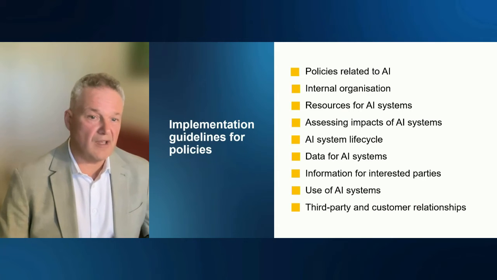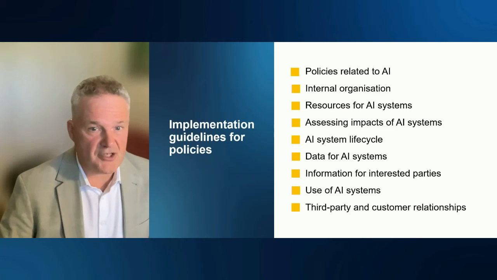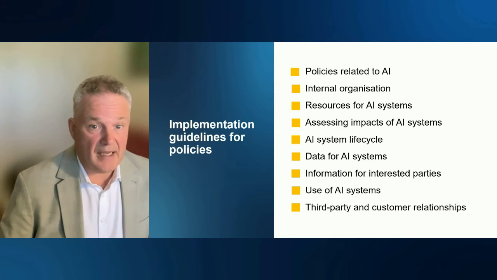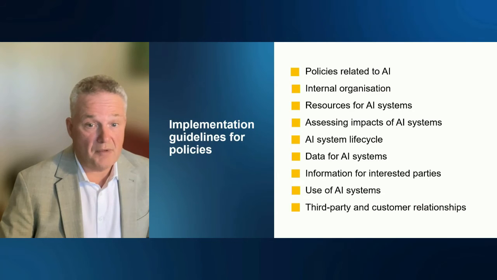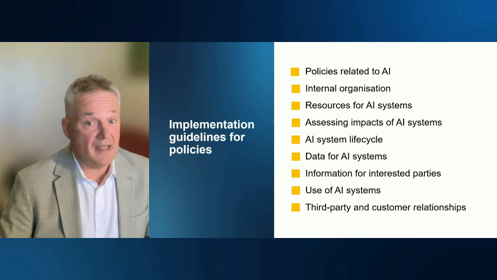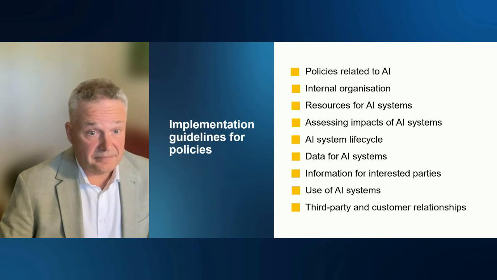It's also worthwhile to look for similar policies in other management systems. We mentioned a couple before. Maybe you can leverage policies developed as part of a 27001 conformity assessment of cybersecurity. Your data for AI policy can be informed by existing privacy policies.